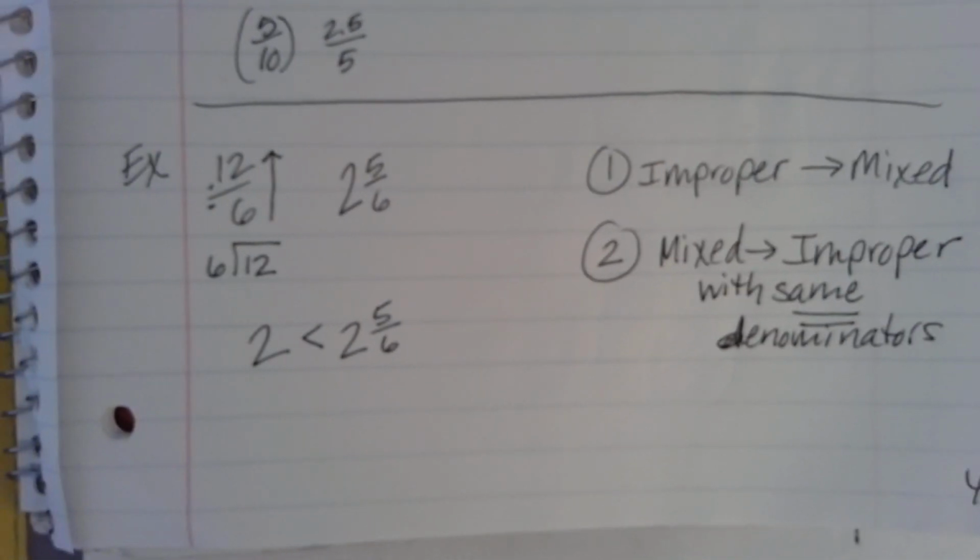Only change your mixed numbers to improper fractions if they have the same denominator. For some of you, one might be easier than the other. It might be easier to just multiply and then add a mixed number versus doing the division for an improper fraction. So if that's what works for you, then that's what you need to do, but it's not going to help you unless they have the same denominators. You're just doing extra work.